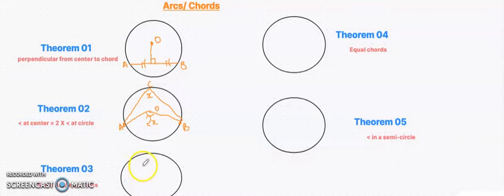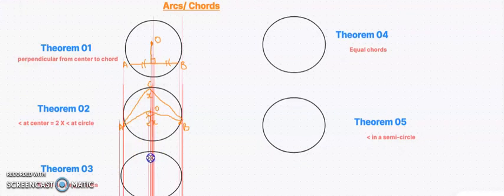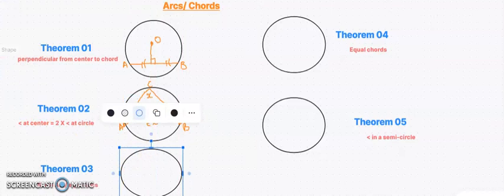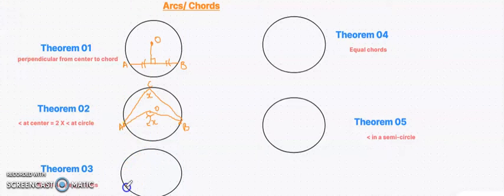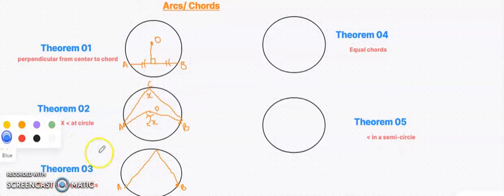Now the third theorem. This theorem says, a chord or an arc subtends equal angles. So this is an arc AB, and this arc subtends an angle on the circle. The theorem says the same arc subtends equal angles on the circle.